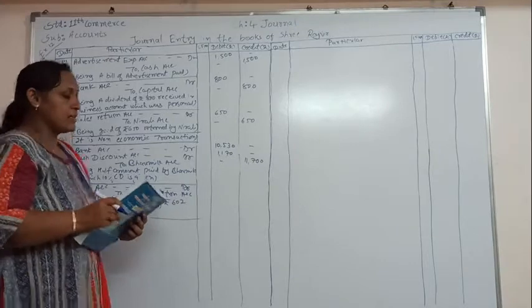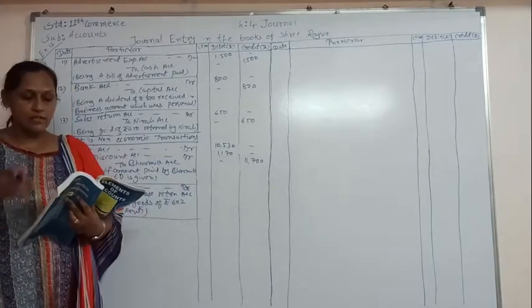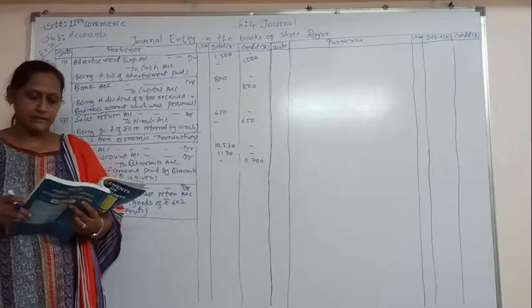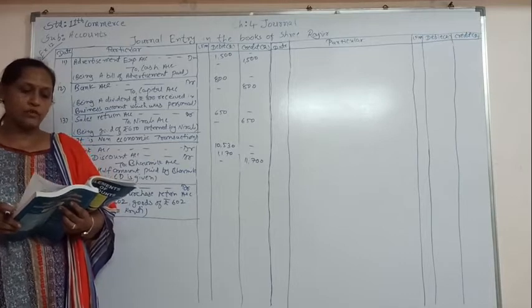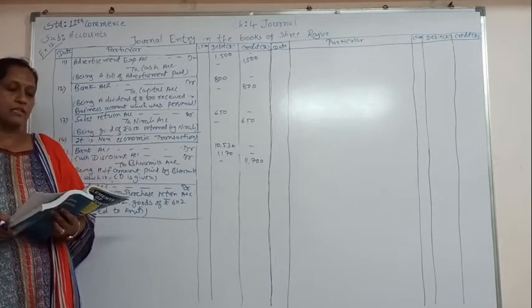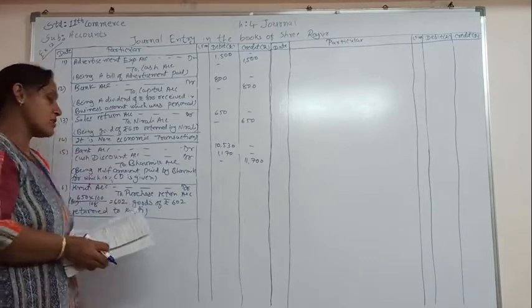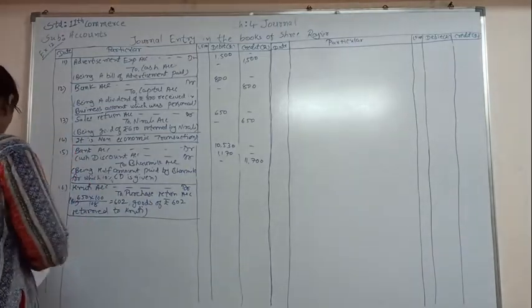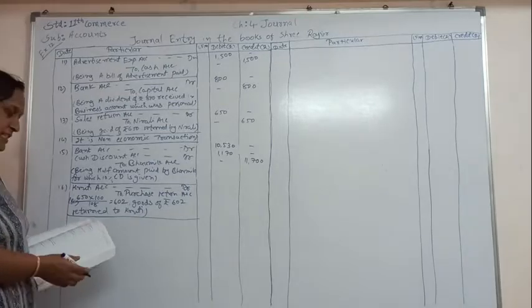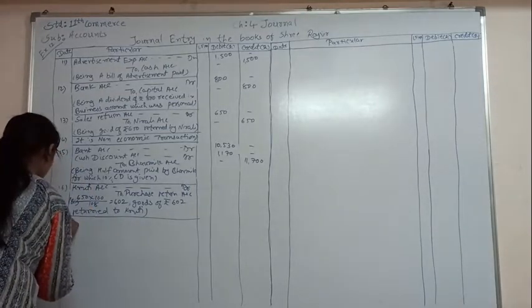Now let's see the 17. A machine purchased for rupees 7,000 and paid rupees 500 for installation of machine. So here we have purchased the machine of rupees 7,000. So machine account debit to cash account, that journal entry we are going to pass.